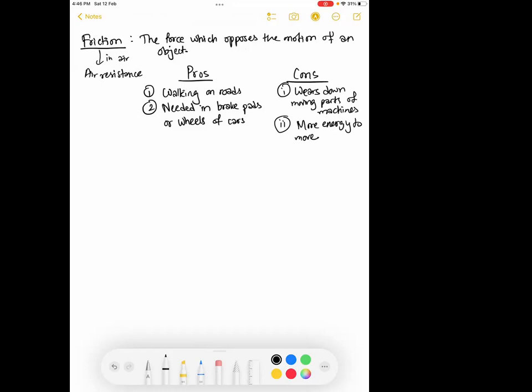Now, are there ways to overcome or reduce friction? Yes. Number one is to use lubricant. It could be oil or, I don't know, grease or graphite for moving parts.